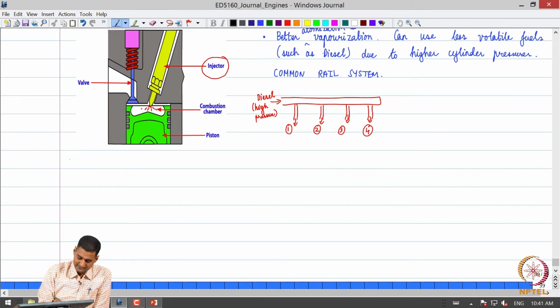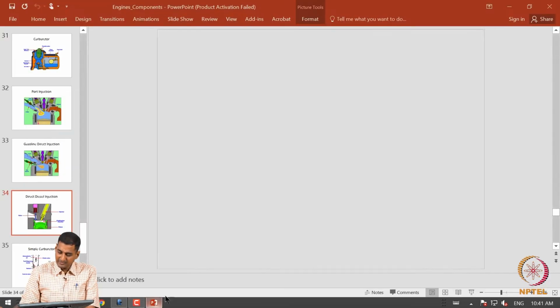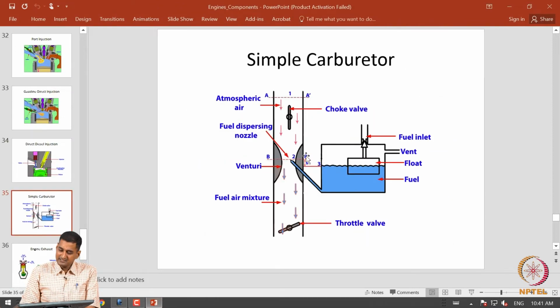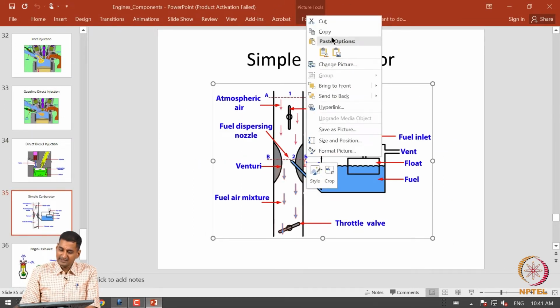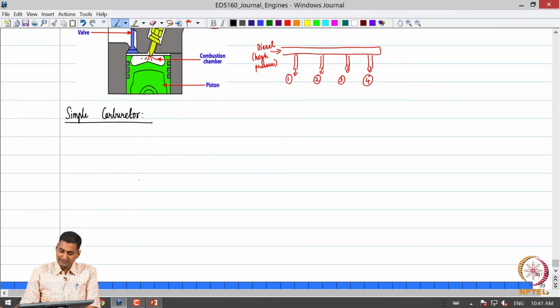Let us now consider what is called a simple carburetor, a basic carburetor, which is used to get the appropriate fuel air mixture. Let me first introduce to you the various components of this device, and then we will do the analysis.